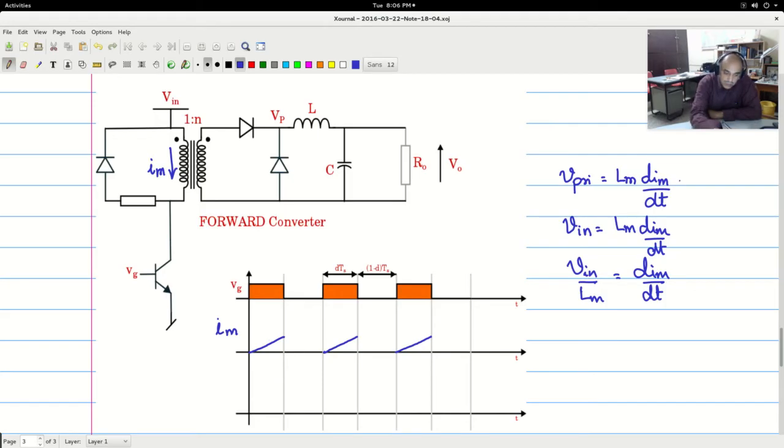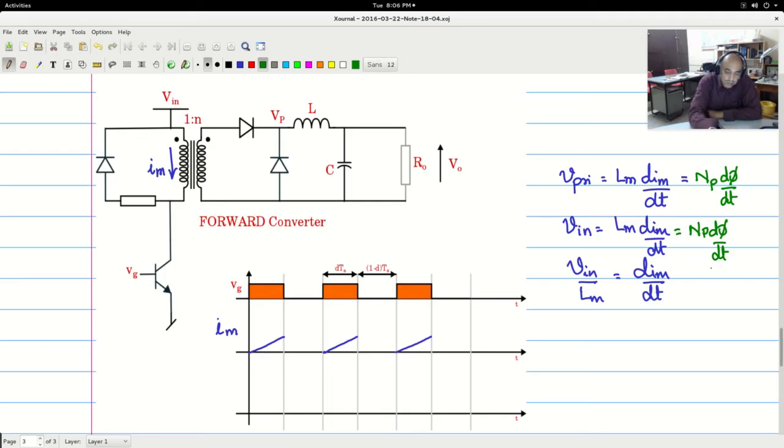You should also note that by Faraday's law, there is another fundamental relationship, which is N primary d phi by dt, the flux within the core, which is a more primary relationship.